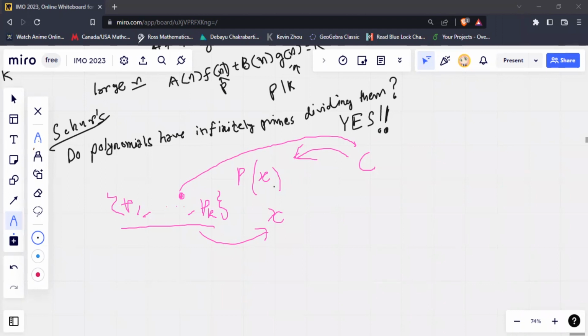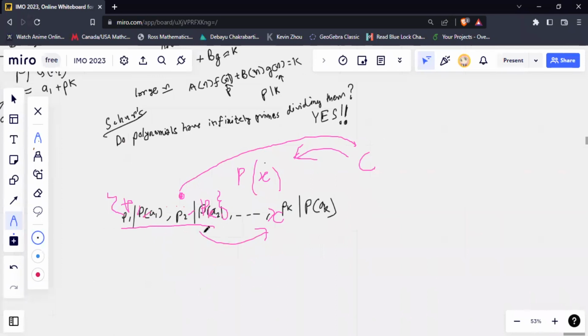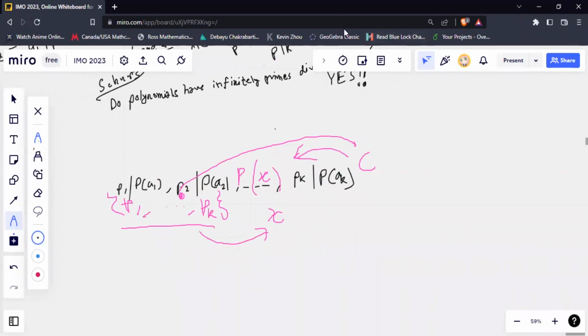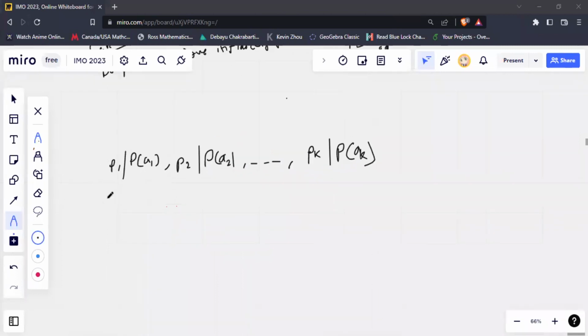Now with CRT you can guarantee an x such that all of these primes divide p of x.